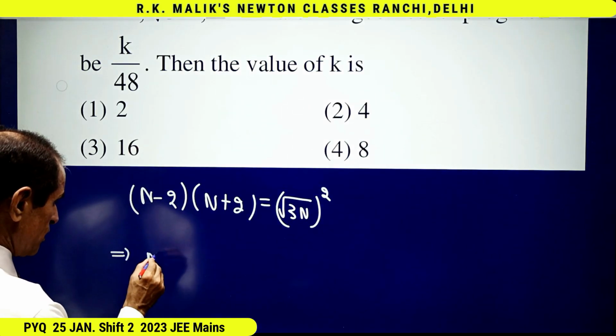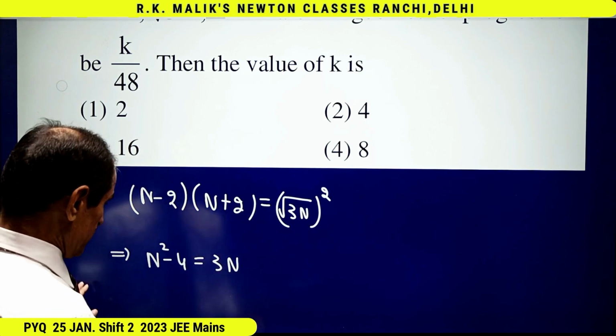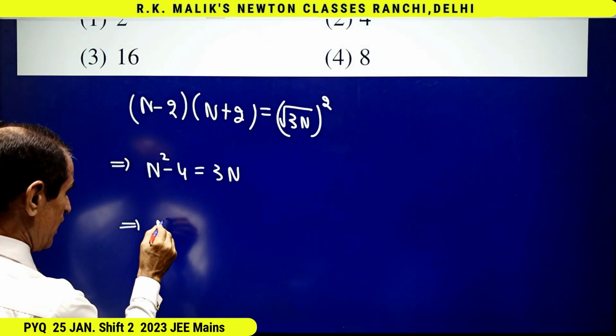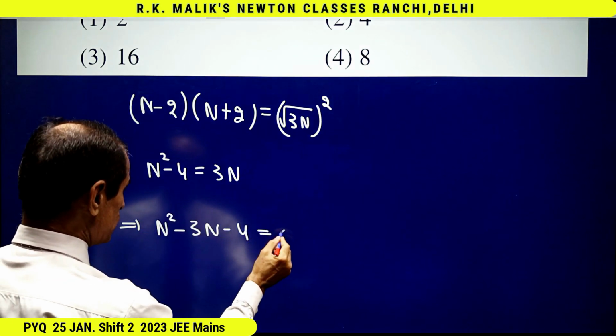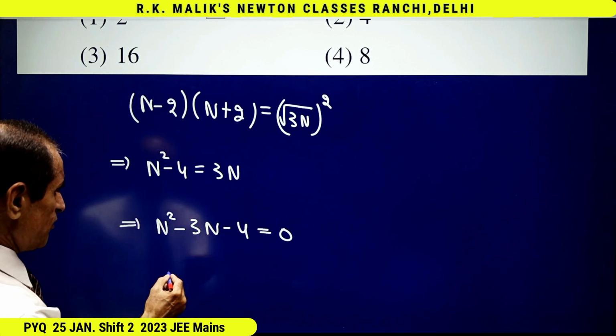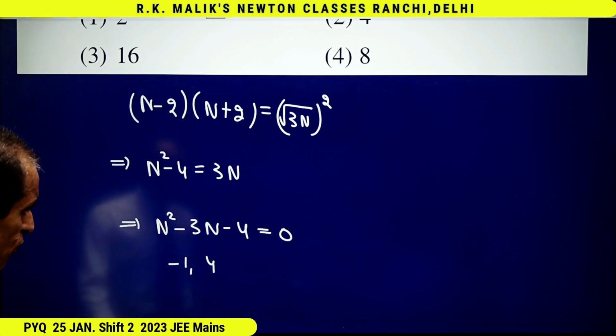That is, I get n square minus 4 equal to 3n. That is, I get n square minus 3n minus 4 equal to 0. Clearly, the roots of this are minus 1 and 4.